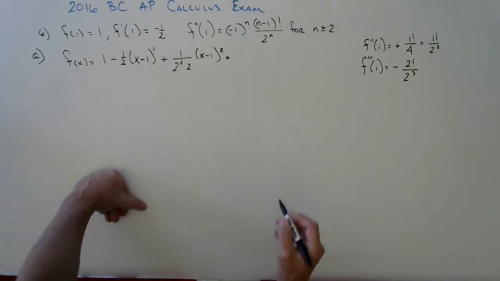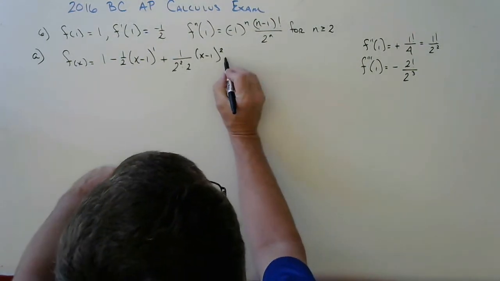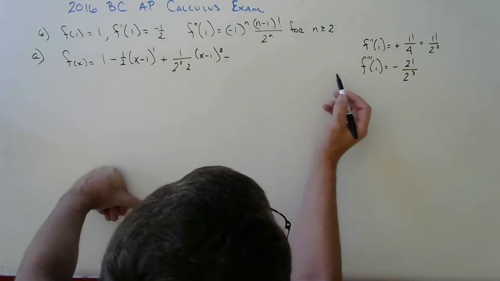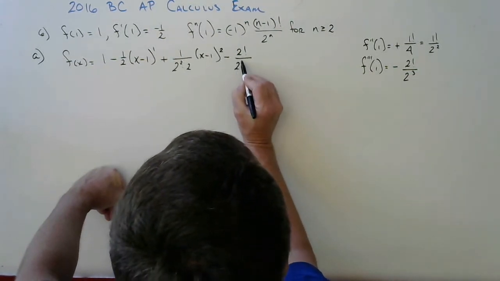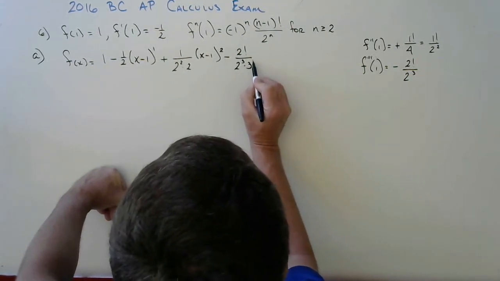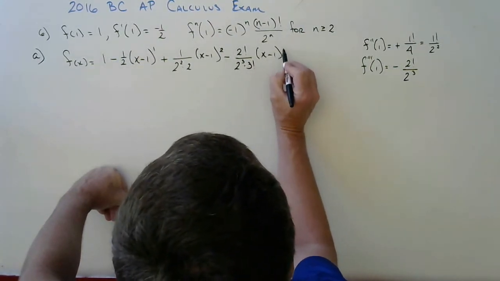The next term I put a plus, but it's really going to be minus, so let's fix that. It's minus 2 factorial over 2 cubed, with a 3 factorial down there, times x minus 1 cubed.